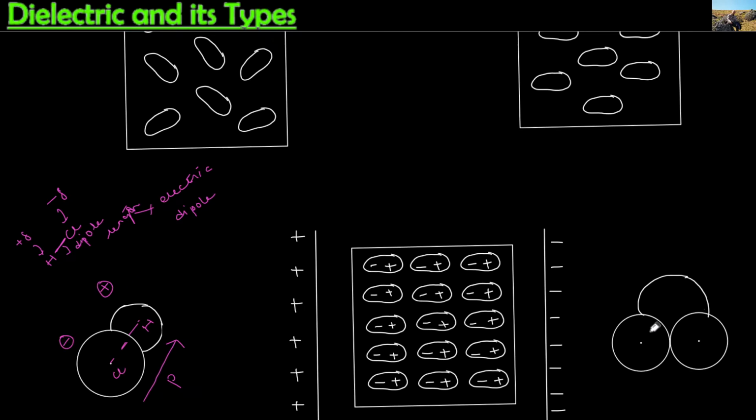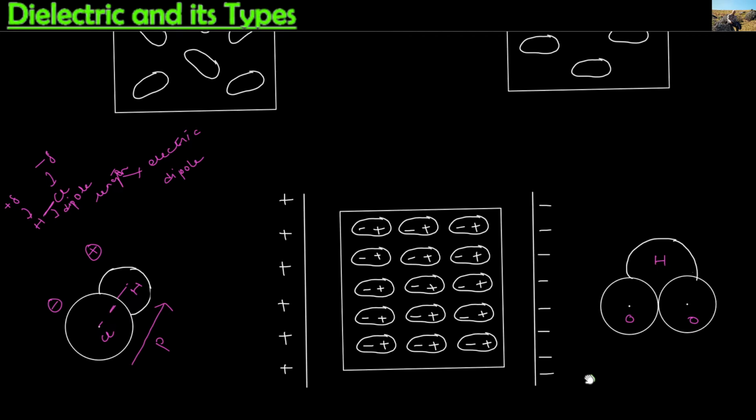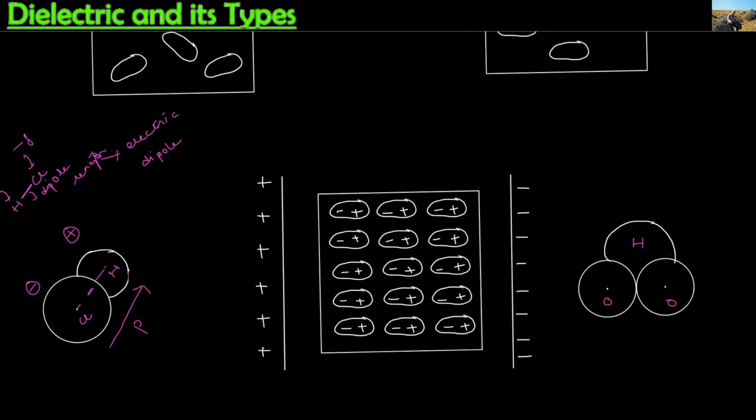Even in this case, suppose I consider the case of a water molecule. Suppose this is your hydrogen atom and this is our oxygen atom, and we have these lone pairs of electrons.